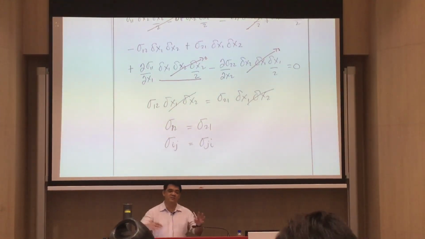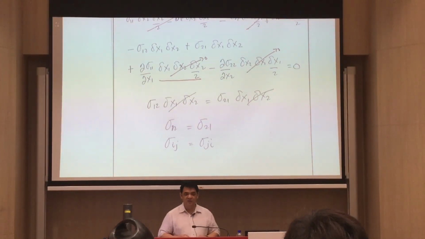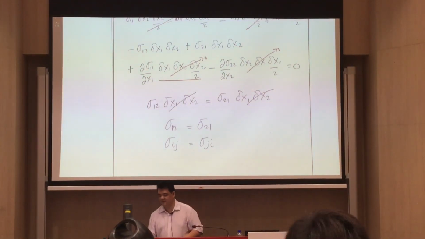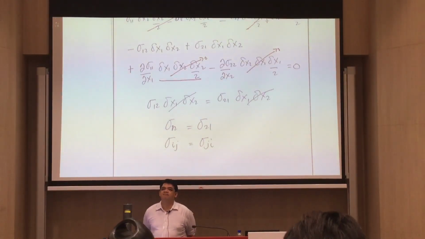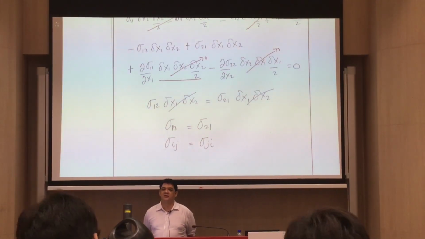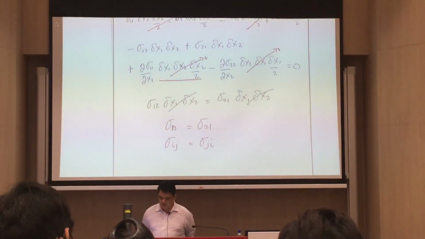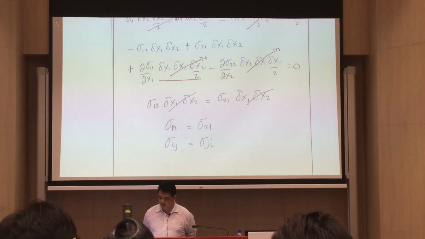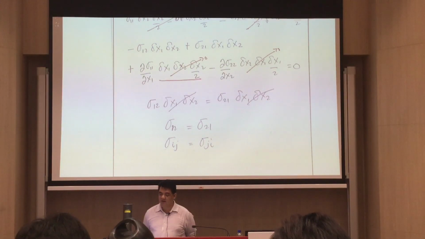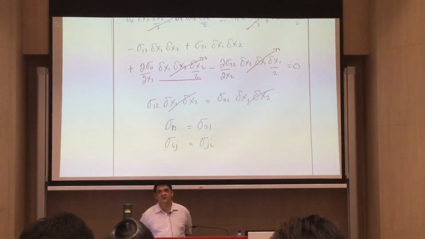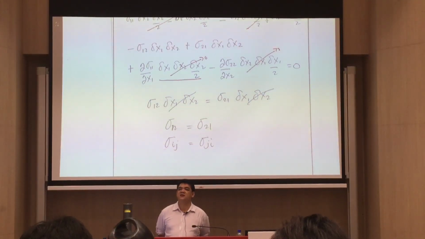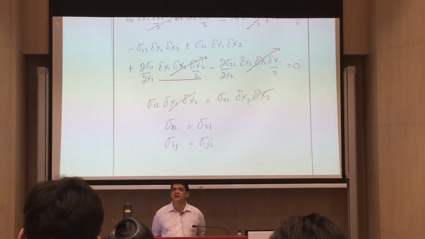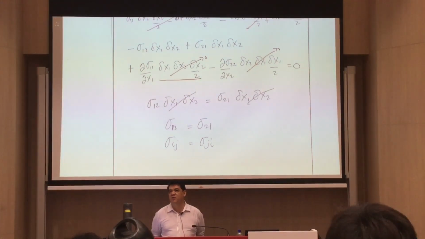You can do the same with the other dimensions. So that is now your equation of symmetry. So you have a symmetric stress. Sigma ij is equal to sigma ji. Sigma 1,2 equal to sigma 2,1. Sigma 1,3 equal to sigma 3,1. Sigma 2,3 equal to sigma 3,2.